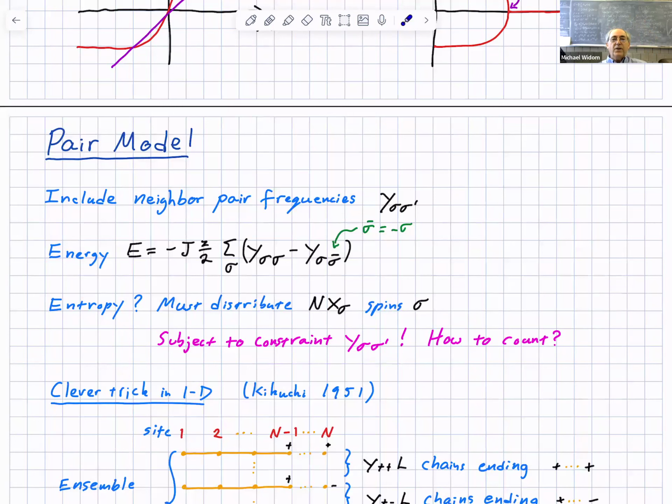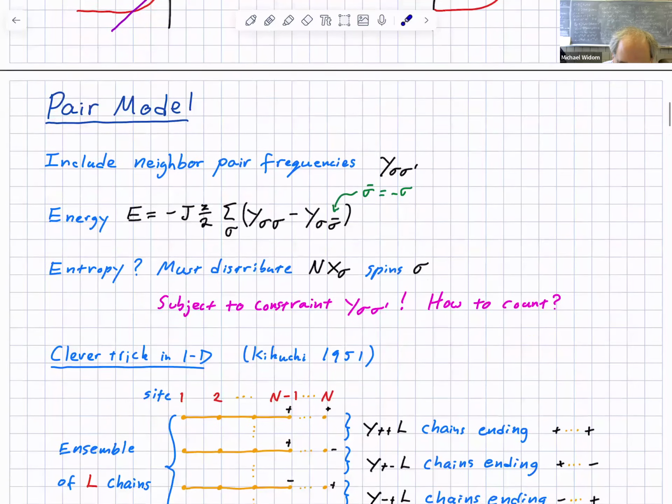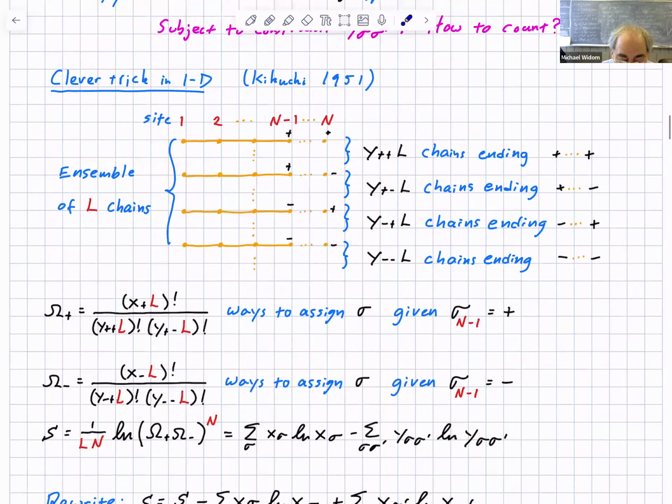And how are we going to put in this constraint? It's really unobvious, but Kikuchi came up with a clever trick that lets you do it in one dimension without approximation. And so what is his method?